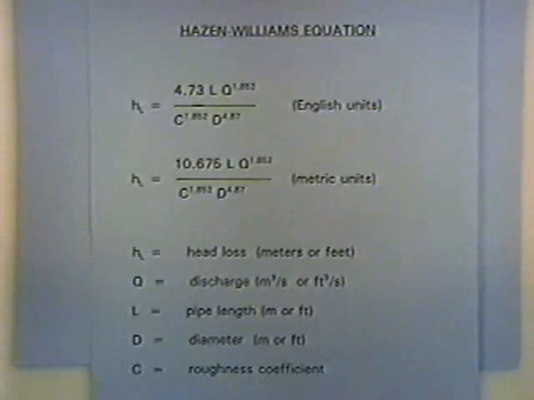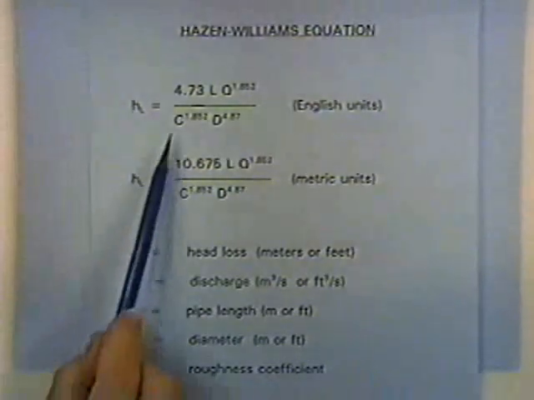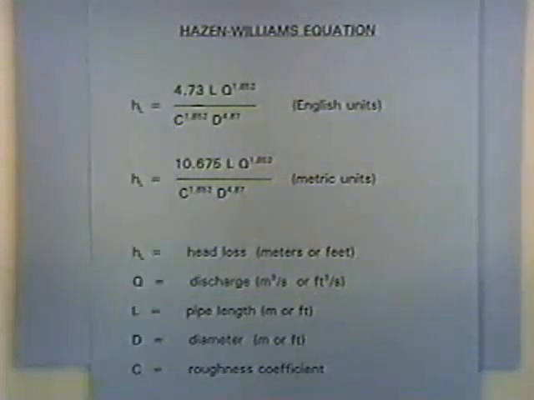The discharge needs to be in either cubic meters per second or cubic feet per second. The Q, the diameter of the pipe in meters or feet. And then we don't assign dimensions to the C. Now the C is a relative roughness.